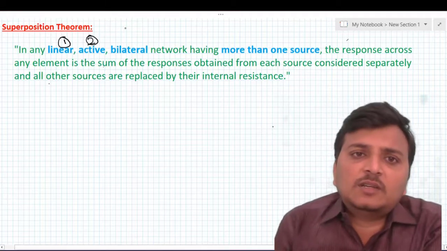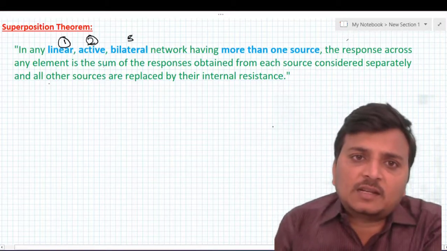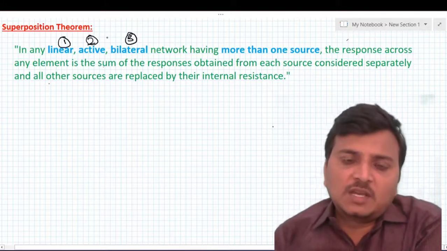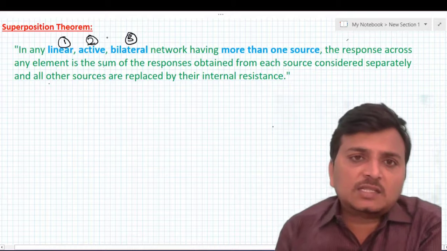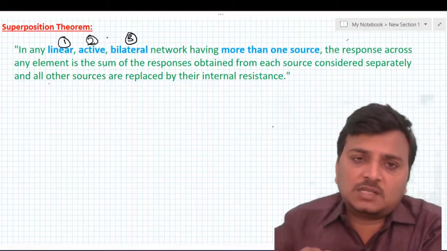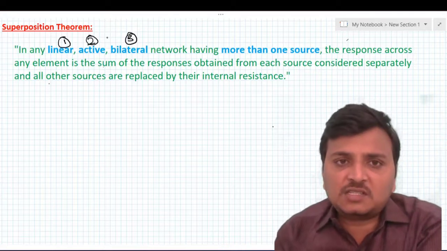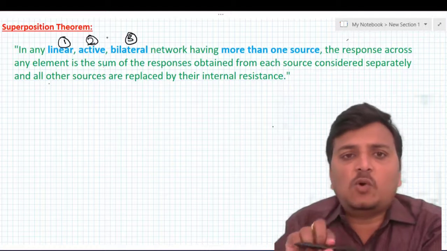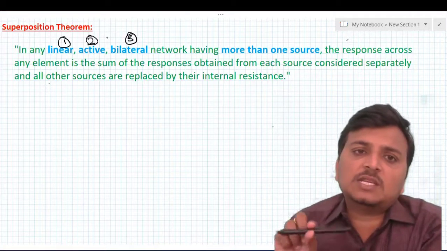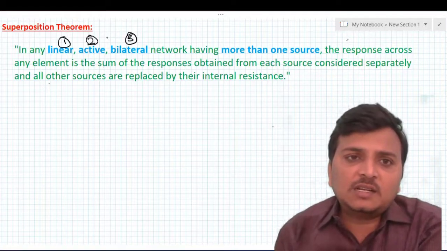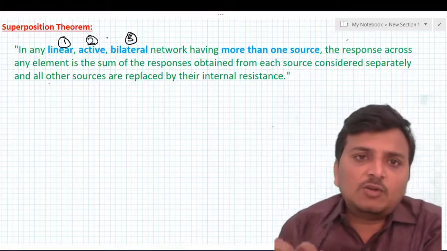The third term is bilateral. Such an element has the same characteristics even if you reverse the position of its terminals. For example, if you reverse the terminals of a resistor, the characteristics shown by the resistor are the same. Such devices are called bilateral. So you have to understand these three terms: linear, active, bilateral. Now we'll go to the statement.